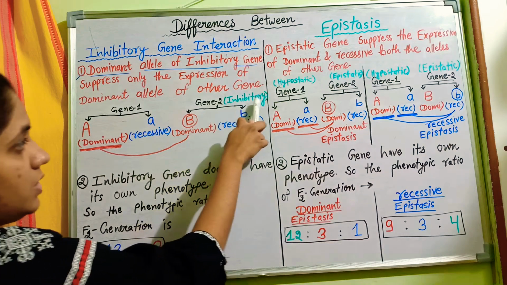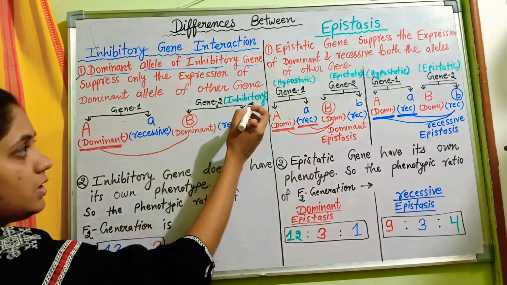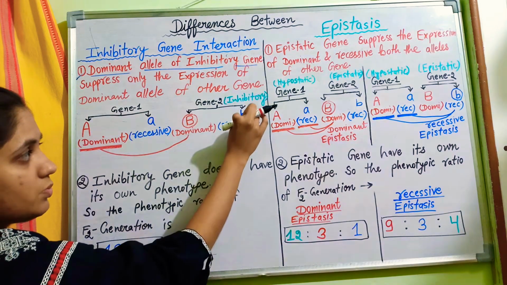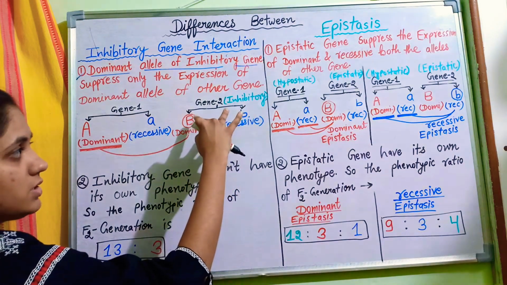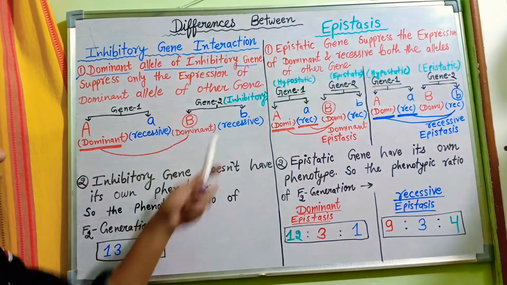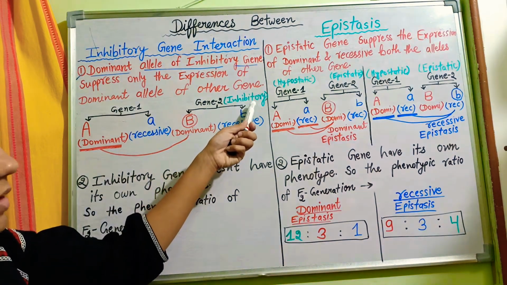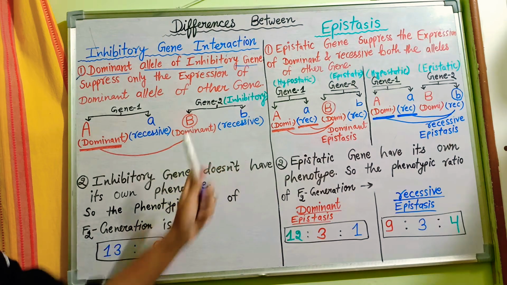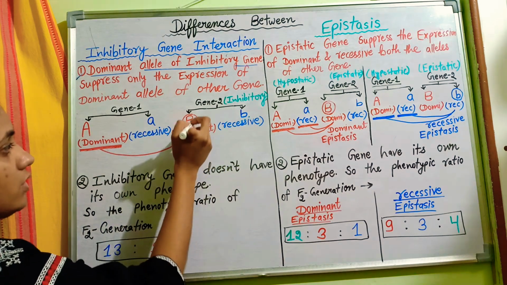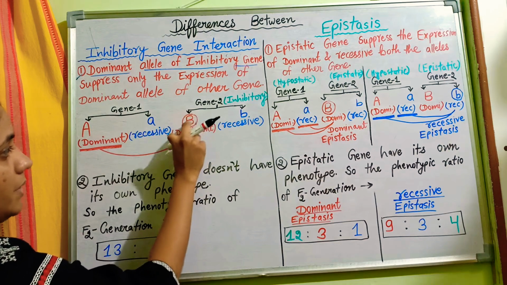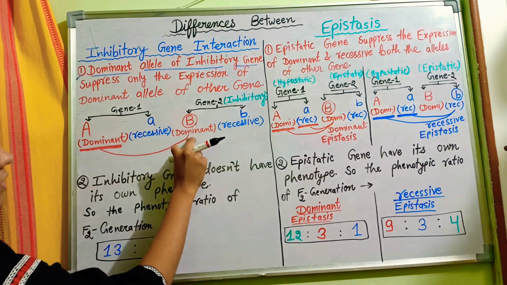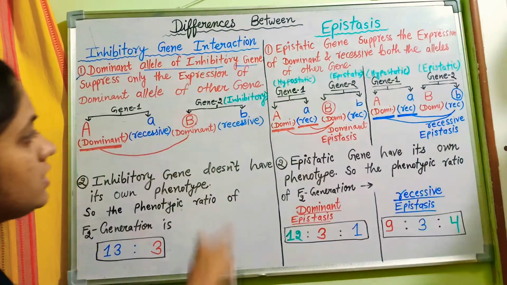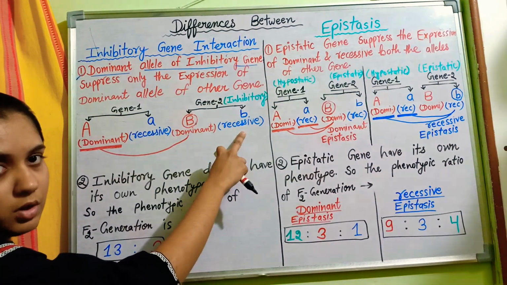Gene 2 is known as the inhibitory gene, and it has two alleles, the dominant capital B and the recessive small b. Both alleles are not doing the work of inhibition. From the two alleles, only the dominant one, capital B, is doing the work of suppression, the inhibition. The recessive allele does not do the work of suppression.